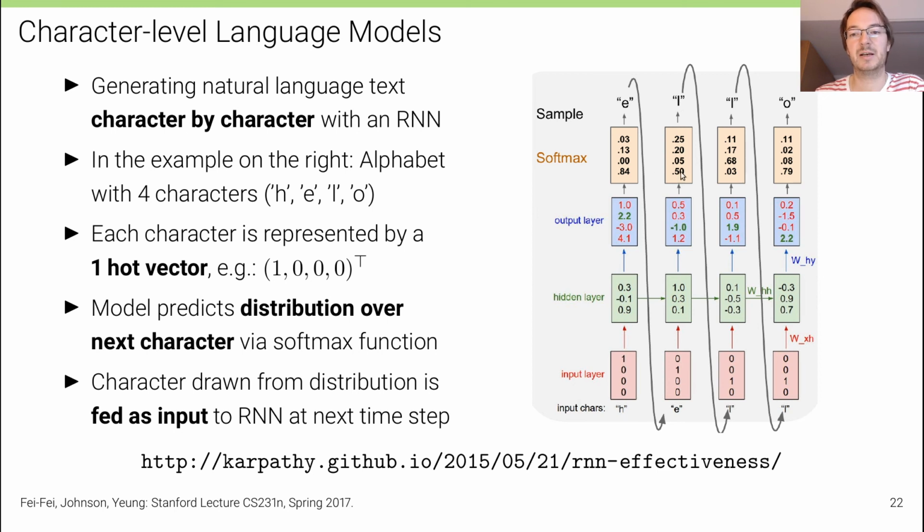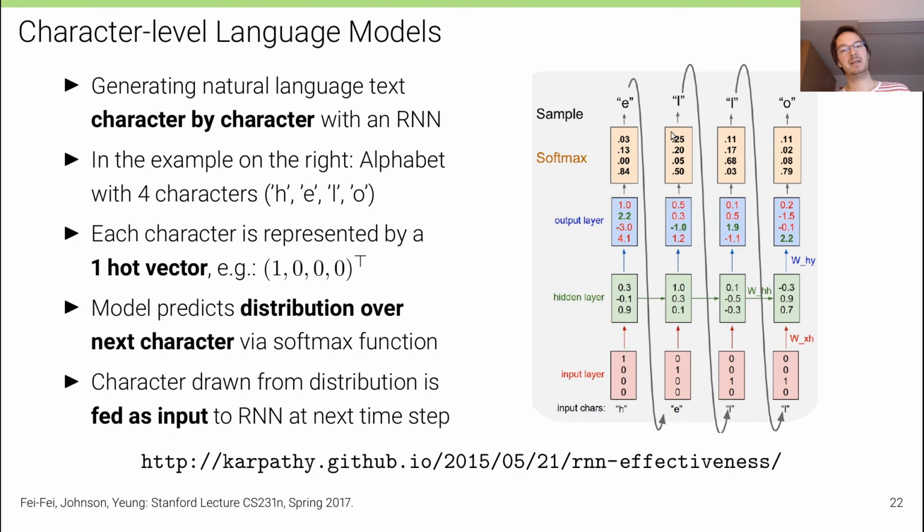So in this case, we have 50% probability for the character L that follows E if the first character, which hopefully is captured in the hidden state, has been H. So the model predicts a distribution over the next character via the softmax function.